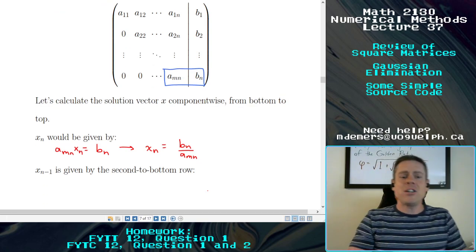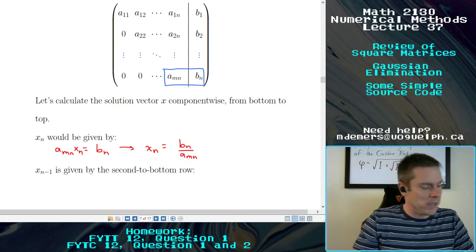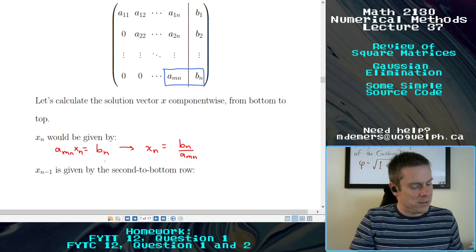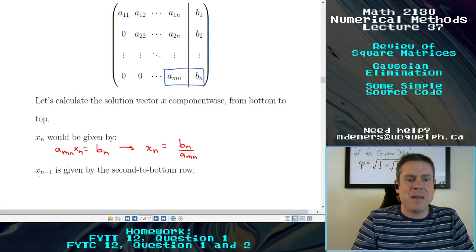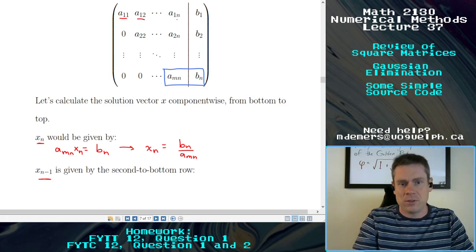Okay, so imagine now that we have the one above it. We've solved for xn and we want to solve now for xn minus 1. Let's look at the second to bottom row. The first row is A11, A12, through A1n.